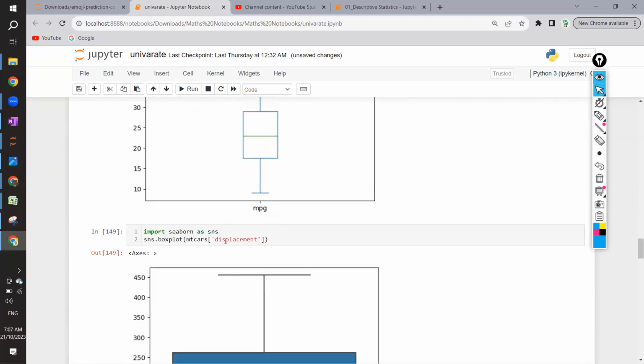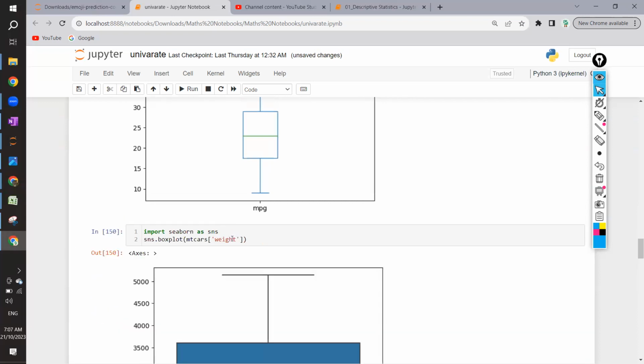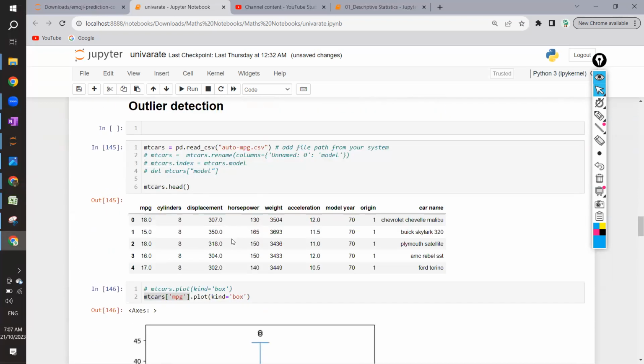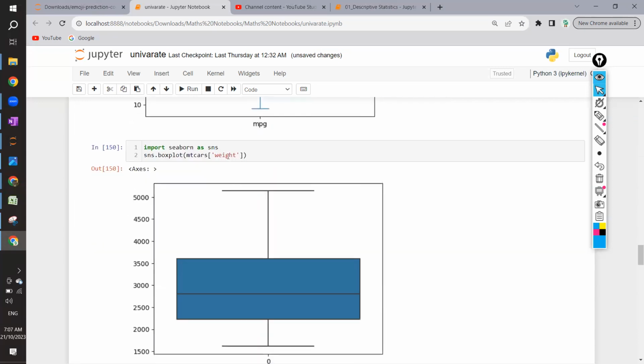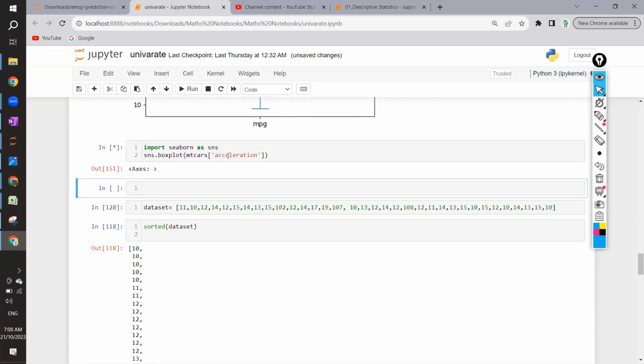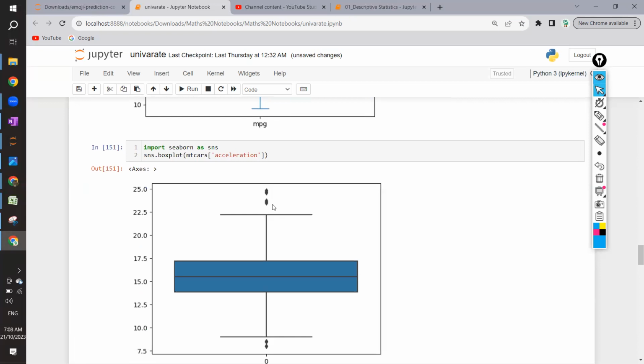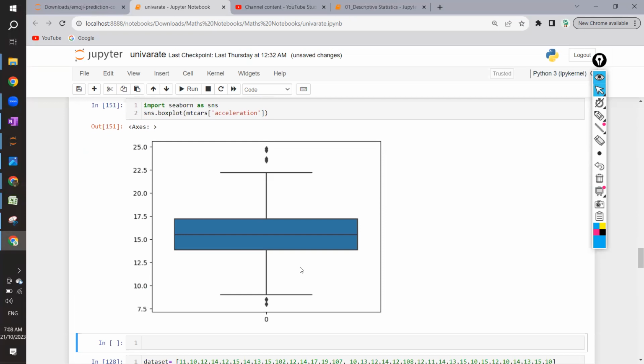If I go for the weight, weight also looks decent. And acceleration. Acceleration, there are 1, 2, 3, 4, 5, 6. You say on the lower side also we have 1, 2, 3, 4, 6 outliers. Clear, guys?